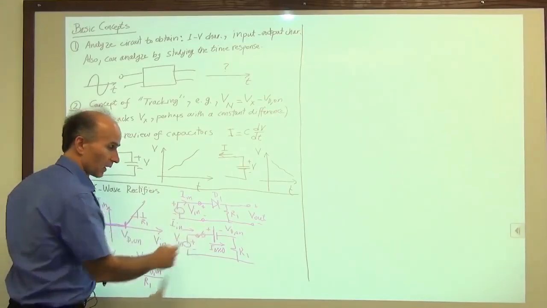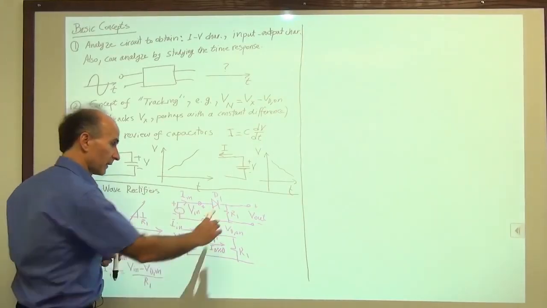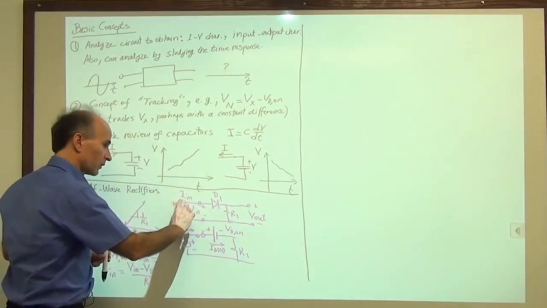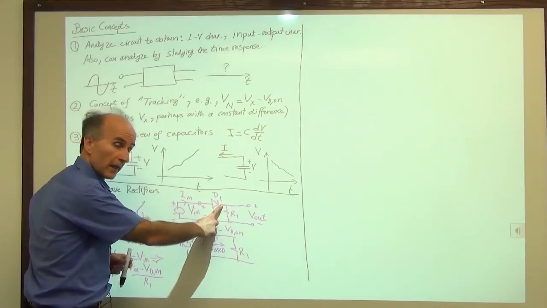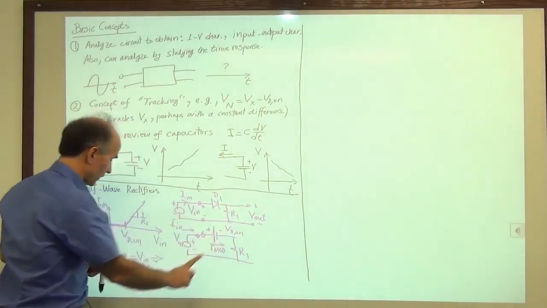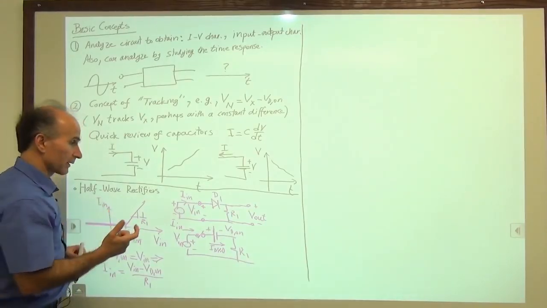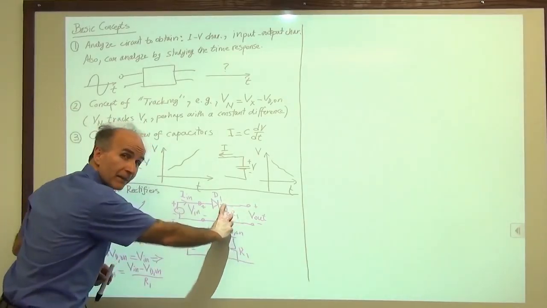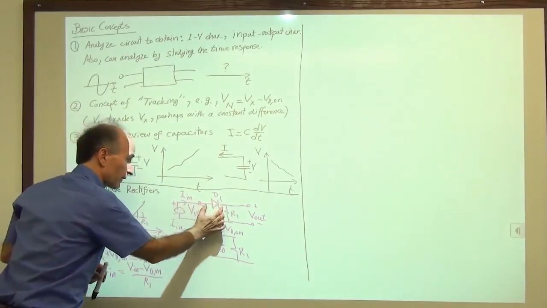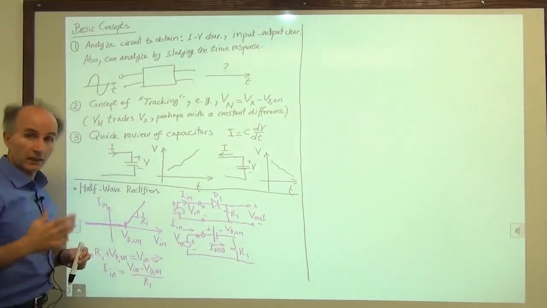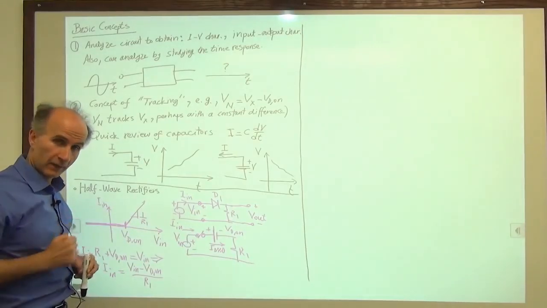The difference is only VD on. So what we say is that this voltage is equal to this voltage minus VD on. And now that we have this voltage, we divide by R1, and that gives us the current. So the concept of tracking, the concept that this voltage is pinned to this voltage with a difference of VD on, as shown here, is very useful in analyzing these circuits.